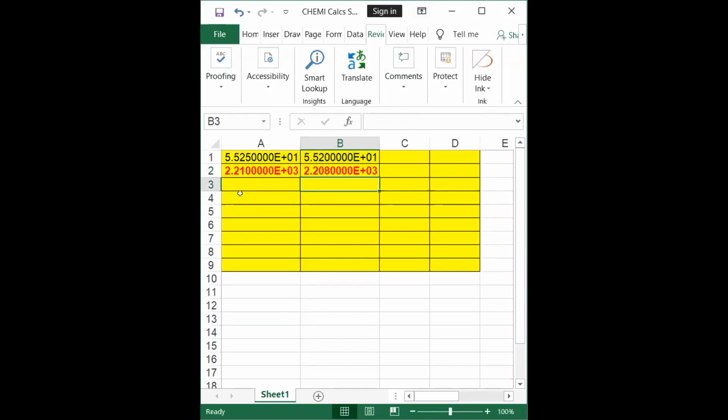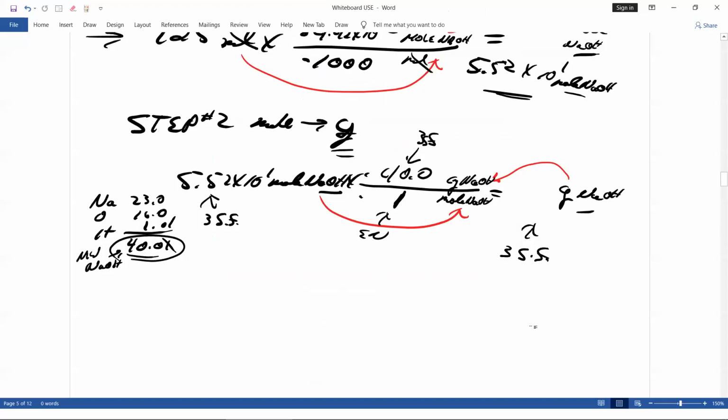And it turns out I get the same answer if I round off at the end or each step. That's 2.21 times 10 to the third. And therefore, my answer is both ways 2.21 times 10 to the third.